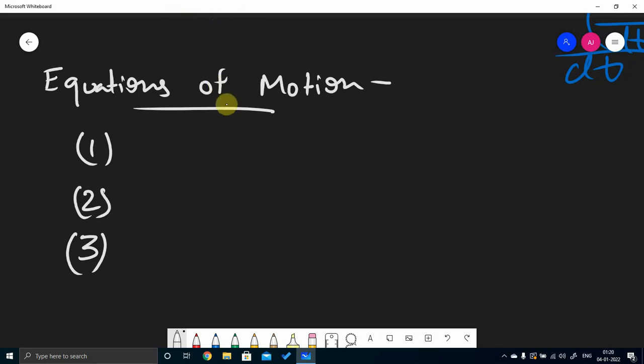So you just need to remember these three equations of motion. If it makes you wonder how you're going to learn them, all you have to do is use them a couple of times. You have to solve questions. When you solve questions, you will be able to remember them on your own. You don't have to just sit and cram, that never works.